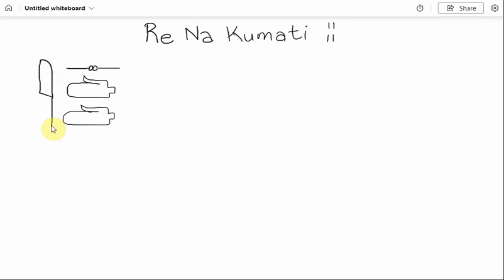Now, of course, we have this. These are two pieces of wood. Put them the way they should look.